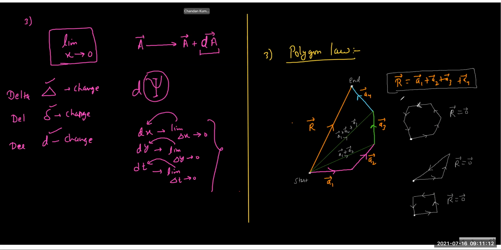If we keep on drawing the triangles in each polygon, eventually we end up getting the resultant. That's simple. Is this clear? Yes, sir. Okay, I'll show you why this is zero. I'll just prove it. Don't worry.